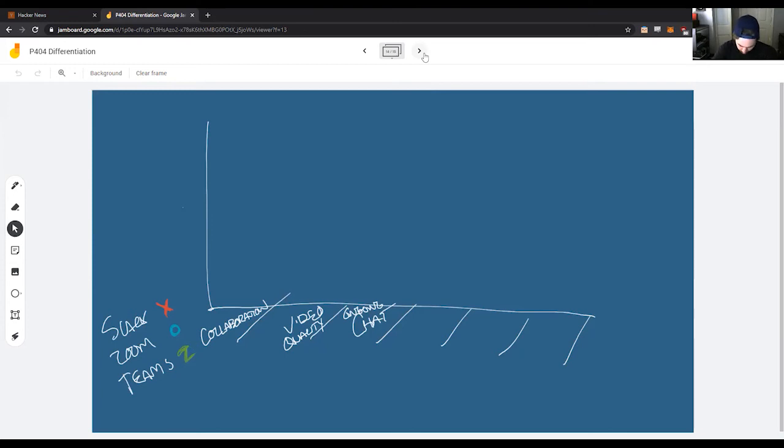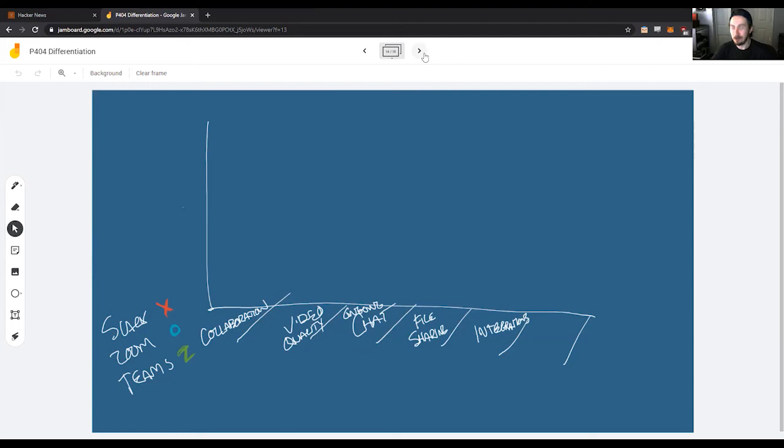So we've got Slack, Zoom, and Teams, collaboration, video quality, ongoing chat. We'll say file sharing, integrations. See, is there anything else that we want to call out as a distinct factor here?